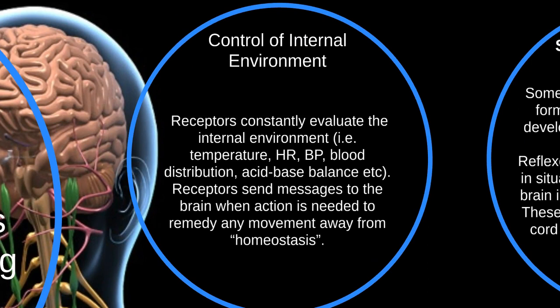Control of the internal environment is where, through the processes I just described, receptors from within the body keep the brain constantly updated with what's going on inside the body. That can be things such as temperature, heart rate, oxygen delivery, the levels of glucose within the blood, where your blood's going and where it's needed, and all those kinds of things.